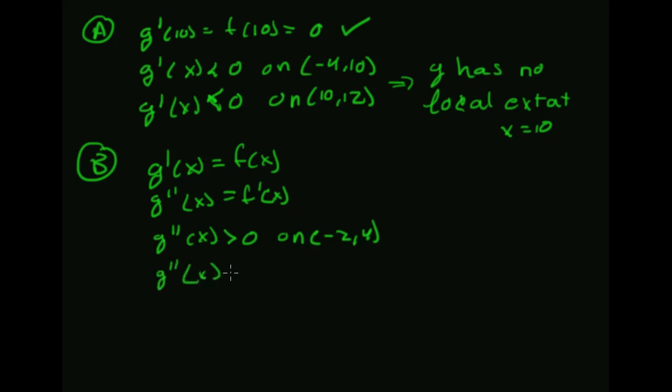G double prime of x is less than 0 on 4, 8, because f is decreasing on that interval. These things together show me that there is a point of inflection at x equals 4, because the sign of the second derivative changes at that location. The concavity goes from being concave up to concave down. All right, so let's look at the next piece.